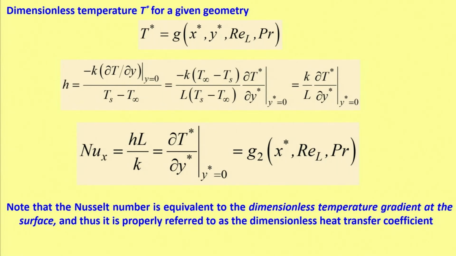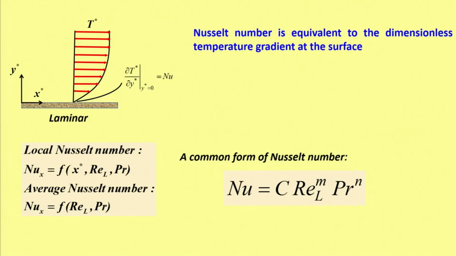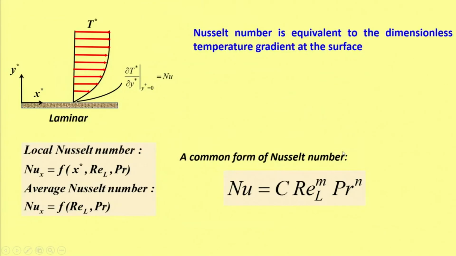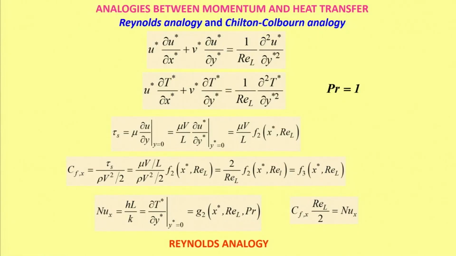Now, of course, the Nusselt number has to be a function of Reynolds number and Prandtl number.